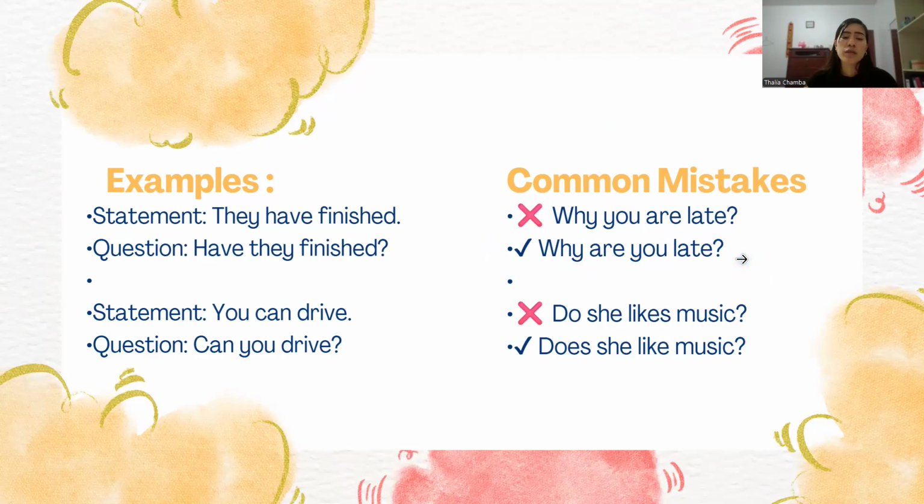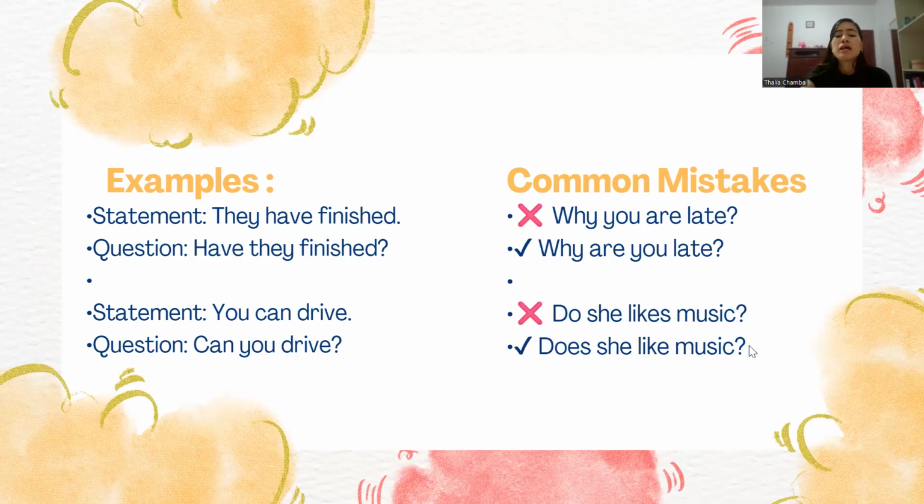Another mistake is with the use of do and does. For example, does she likes music? This is incorrect, right? When we use "does," we do not add s to the main verb. So the correct question is, does she like music?